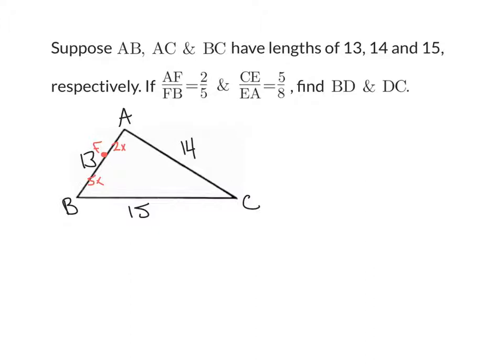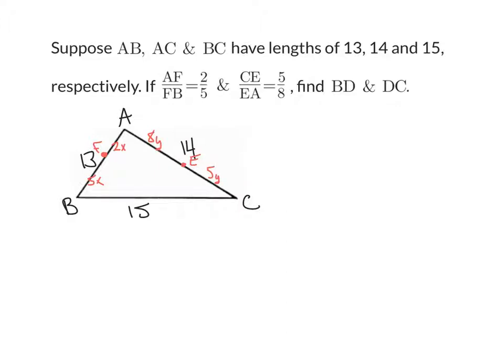So that means that there is some point on AC, maybe right here, call that point E, such that CE to EA is 5 to 8. So CE would be the 5, E to A would be the 8. Obviously, 8 plus 5 is 13, not 14. So again, we have a different constant of proportionality.